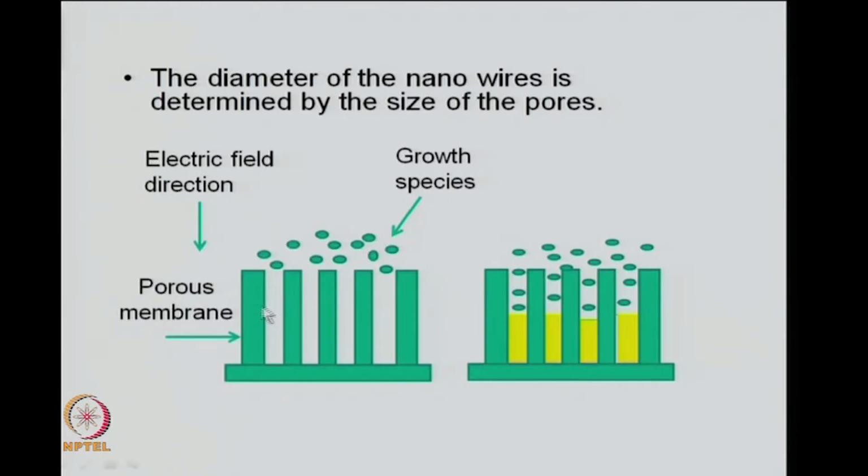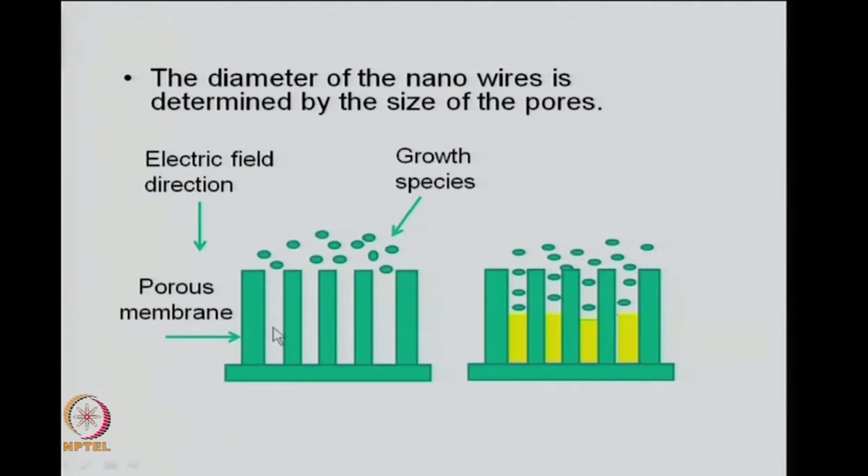This is a clearer view of what one is doing. Here you have the template as shown here. It can be like membranes. These are equally spaced templates, and you want to grow your nanostructures within these cylindrical pores or cylindrical gaps, and this diameter should be the size that you want.